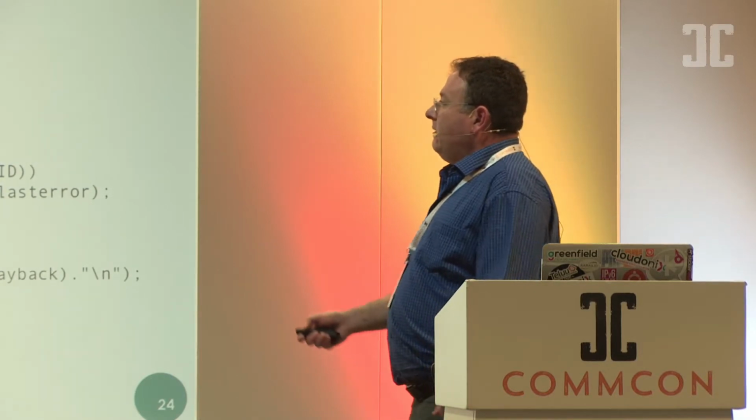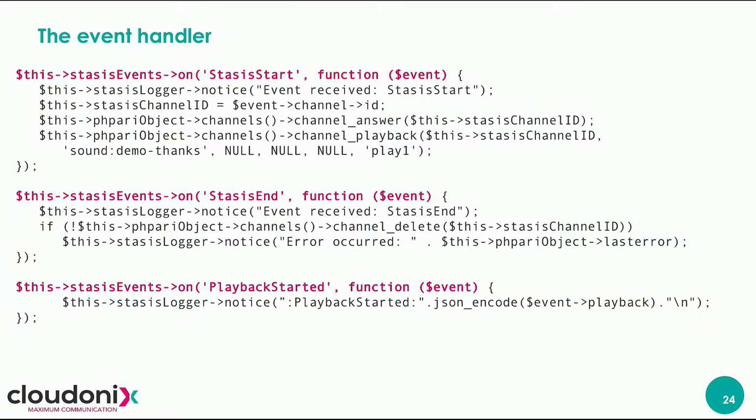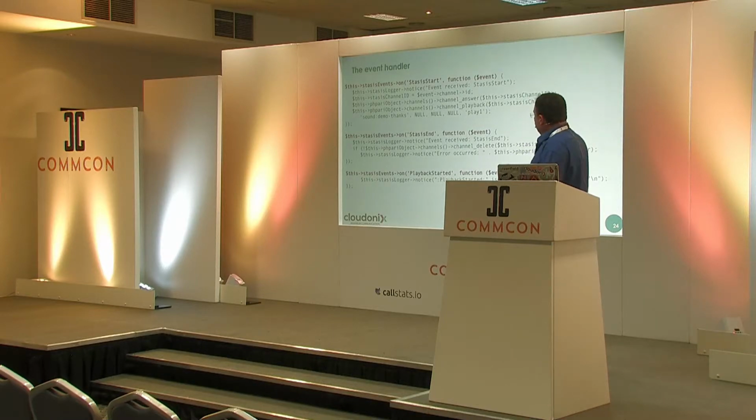So how does it work? Inside the event handler, we use Stasis events on as a reader, as a callback to whatever we need to do. The writing is very similar to what you would find in JavaScript for anonymous functions. We just use lambdas.